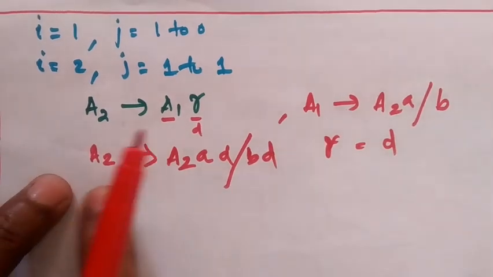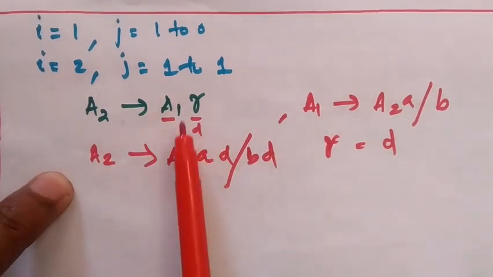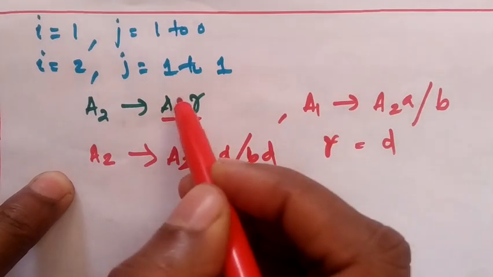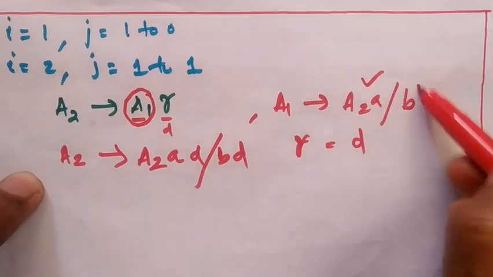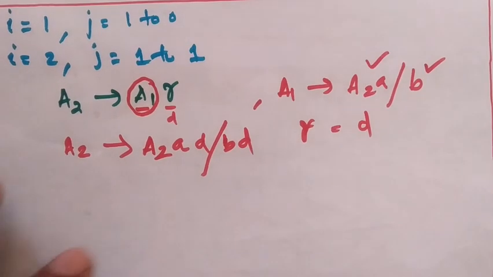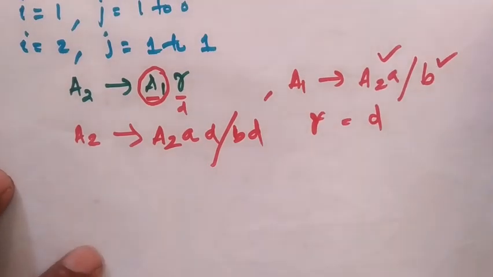So these are the two productions after expansion. We just replace A1 by these two values, A2A and B, nothing else. That is what we did.